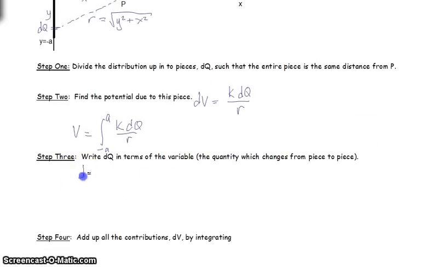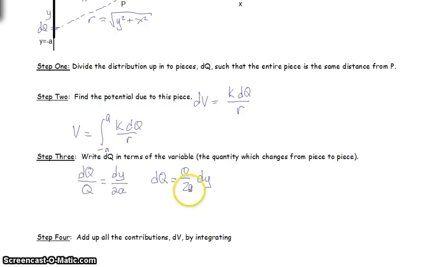The little piece of charge dq over the total charge Q is the same ratio as the length of the small piece, which we're going to call dy, over the total length, which is from negative A to A, so 2A. That means that dq is equal to Q over 2A times dy.